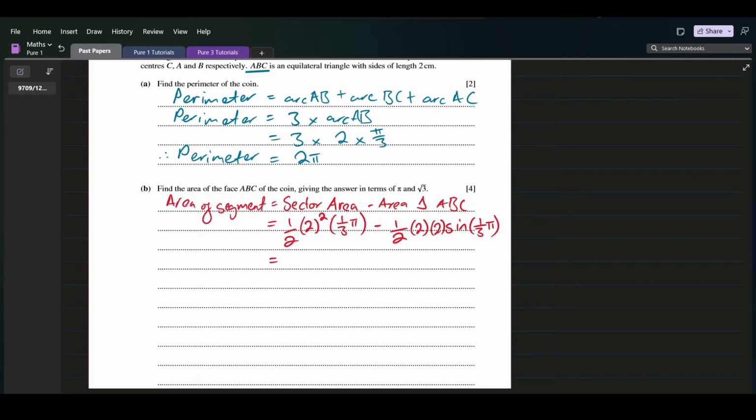So we've got half times 2 squared times 1 over 3. So we've got 2/3 pi minus then the area of the triangle. So that's half times 4 times sine of a third pi, and that gives us root 3. So the area of the segment would be 2 over 3 pi minus root 3.